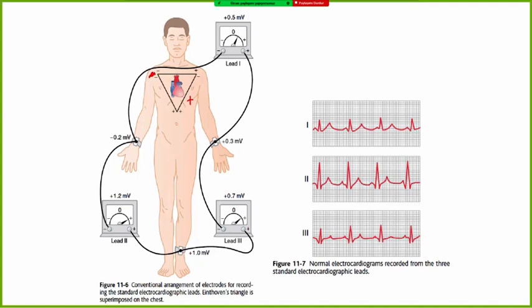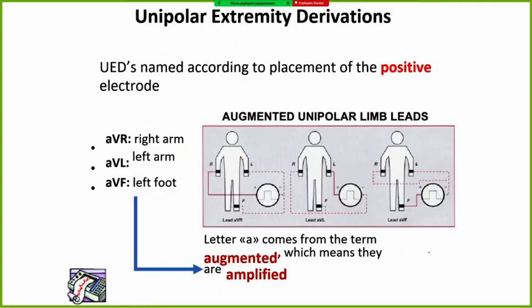So the main depolarization wave is towards the positive electrode. Therefore, we see a higher amplitude in the QRS complex in D2, and this is due to the main movement of the depolarization wave, and the net wave is towards the positive electrode.